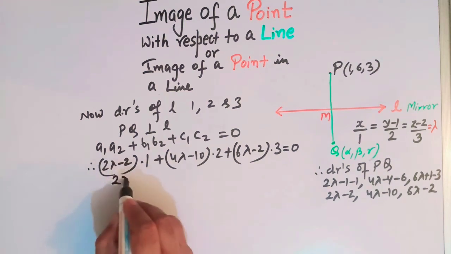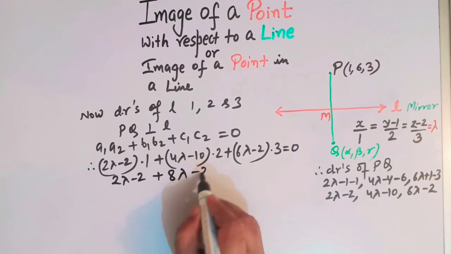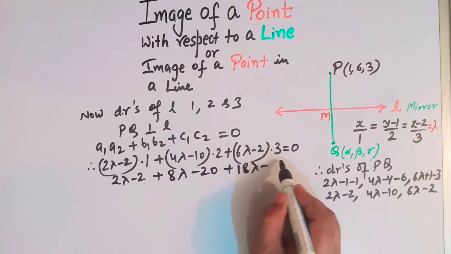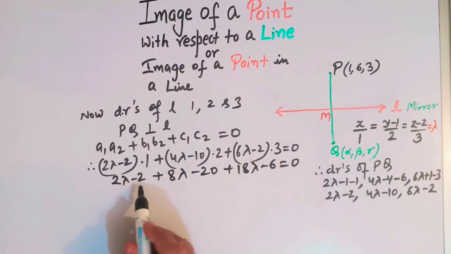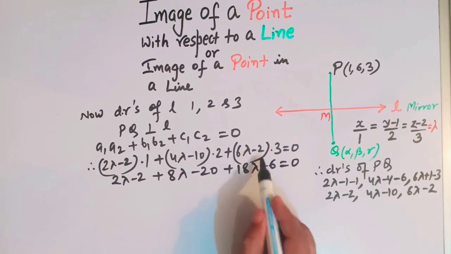If we solve this equation in lambda, we have 2 lambda minus 2, 8 lambda minus 20, then 18 lambda minus 6.